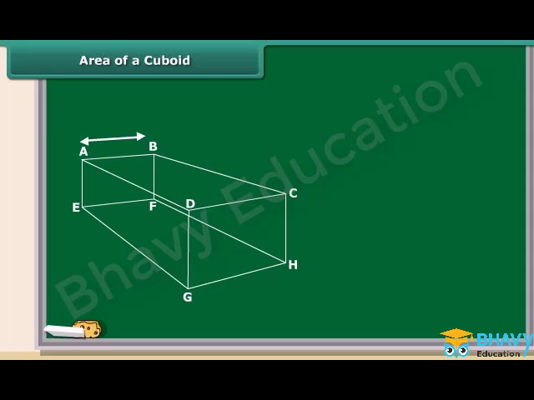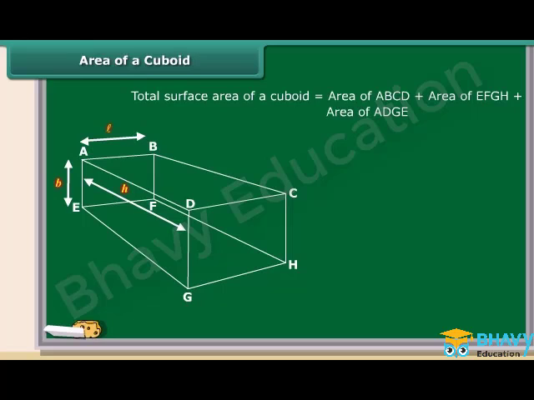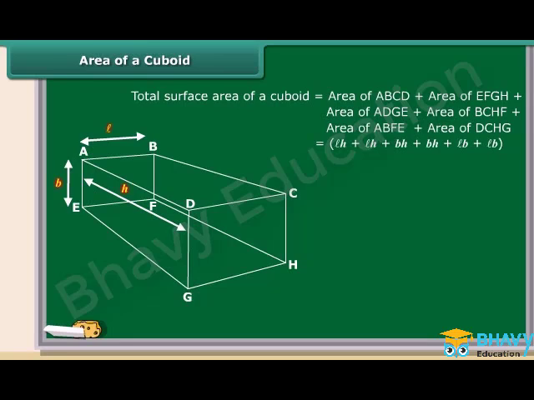Let AB be l, AE be b, and AD be h. Then the total surface area of the cuboid is equal to the sum of the areas of 6 faces ABCD, EFGH, ADGE, BCHF, ABFE, and DCHG, which is lh plus lh plus bh plus bh plus lb plus lb.